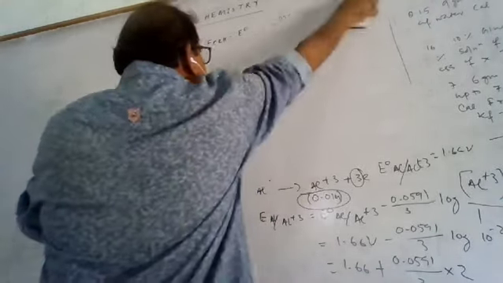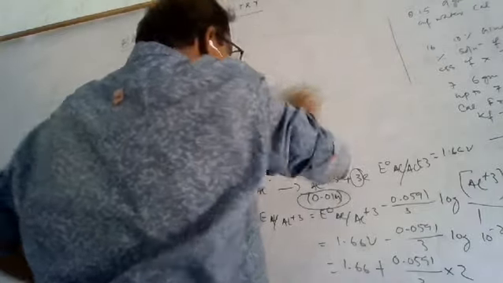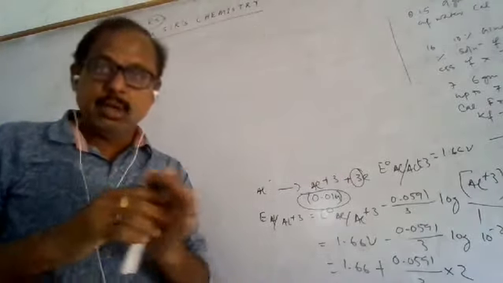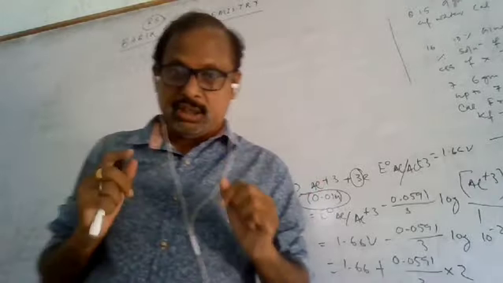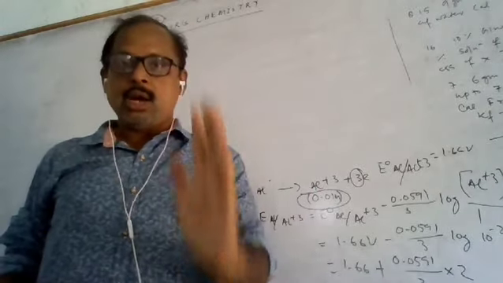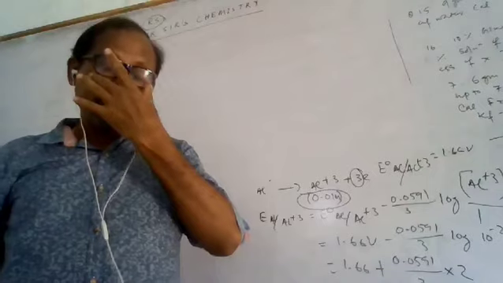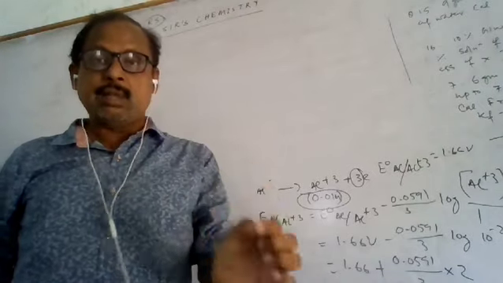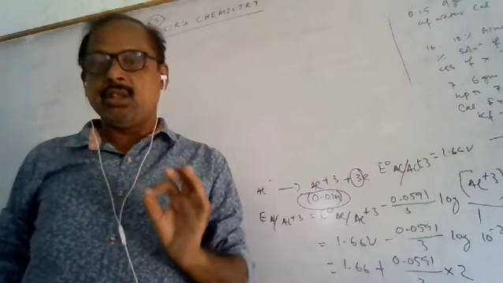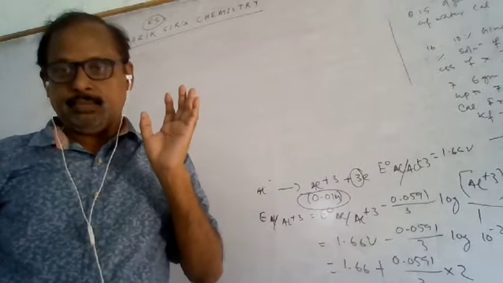Now we will see the determination of the pH using the SHE. What is the SHE? SHE means the standard hydrogen electrode. The potential of the standard hydrogen electrode, as per the IUPAC system, is considered as 0.